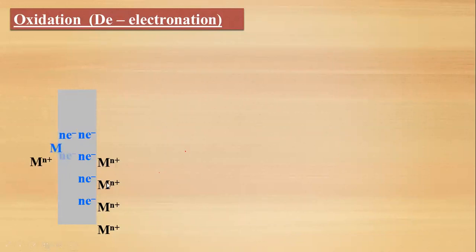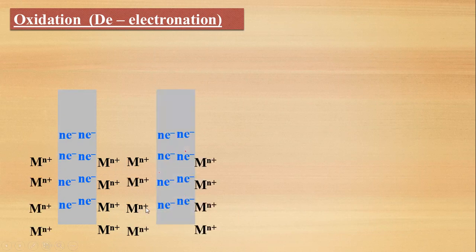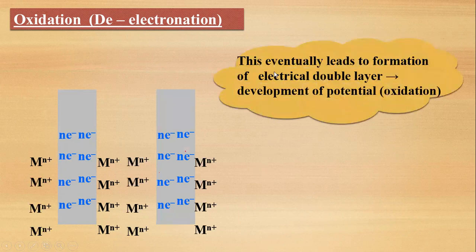Right? Are you getting my point? Na? This n metal will release its electron, n electrons released and form the n plus ion. Right? This process is called what? De-electronation. You are observing here. Right? So this eventually leads to the formation of an electrical double layer, and the potential of oxidation develops. So आप देखोगे कि इलेक्ट्रोड के सरफेस पे क्या हो गया? डबल लेयर क्रिएट हो गया. इनसाइड नेगेटिव एंड आउटसाइड पॉजिटिव.